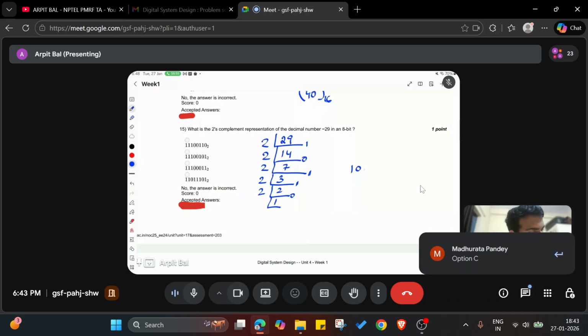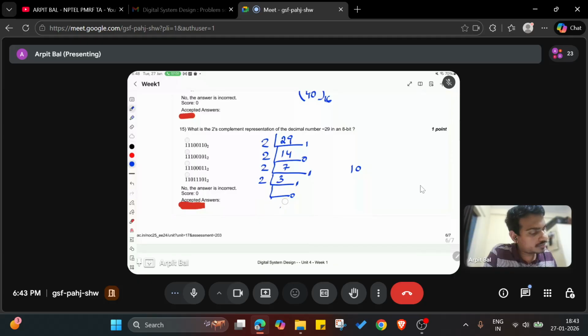Did I miss something? Oh, sorry, this is 1. So it will be 1 1 1 0 1. This is the binary representation of 29.